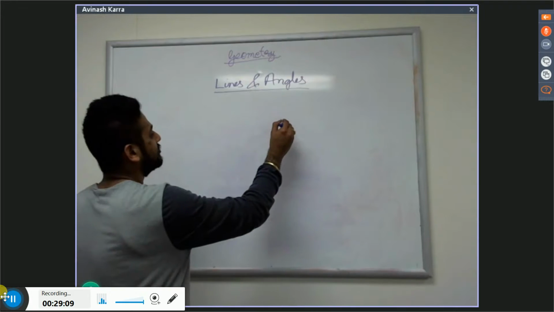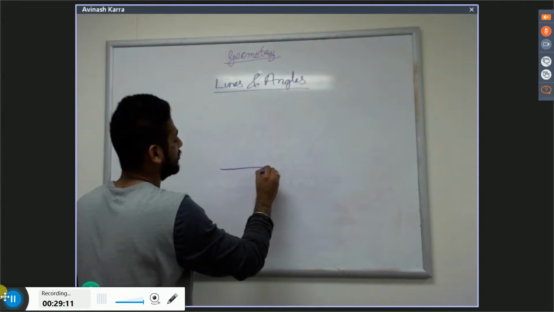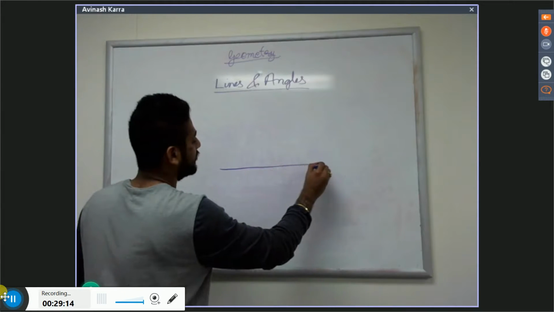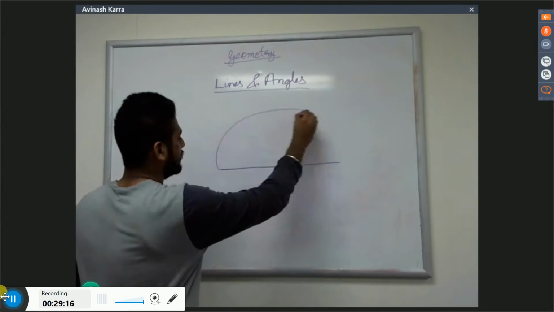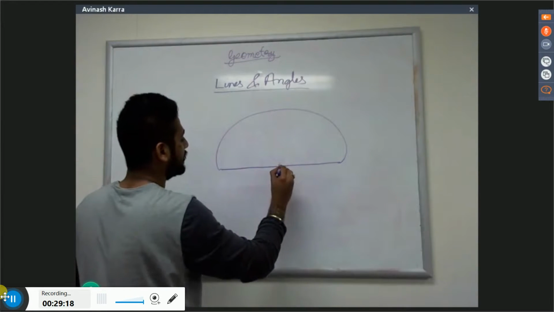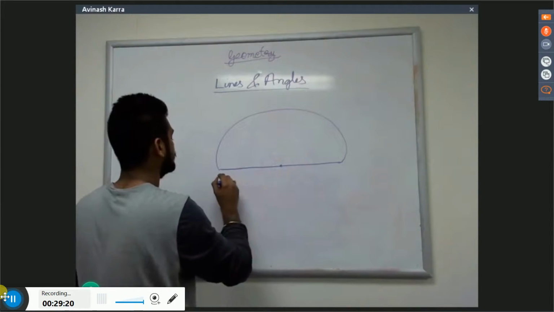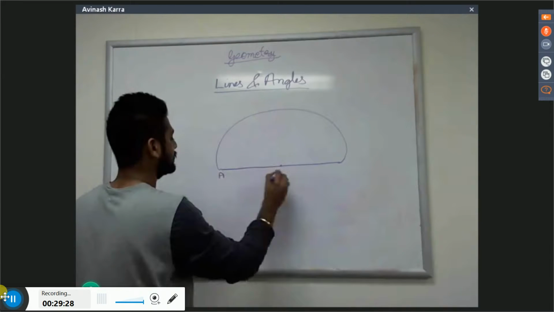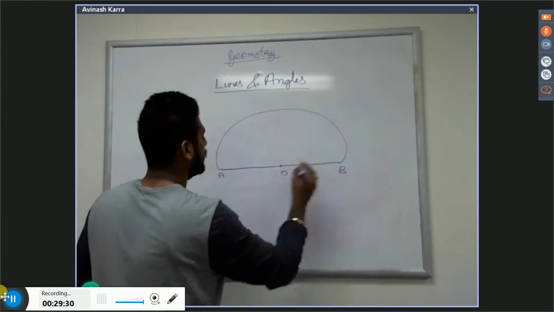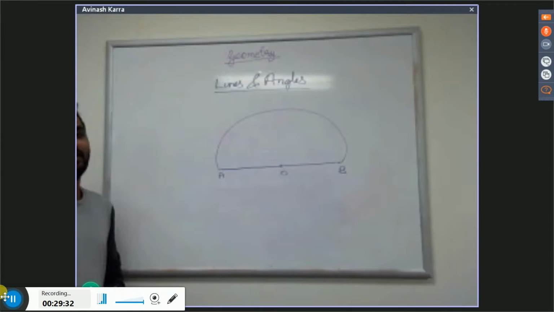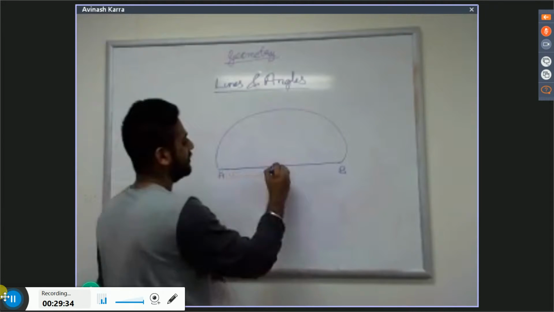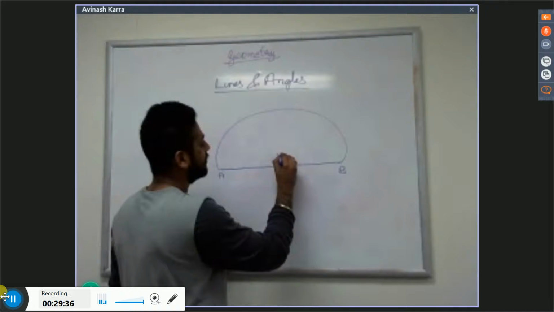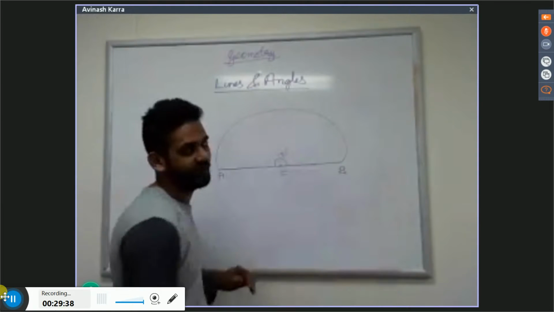So let us take this. AOB is a 180 degree angle, and it is a semicircle, right?